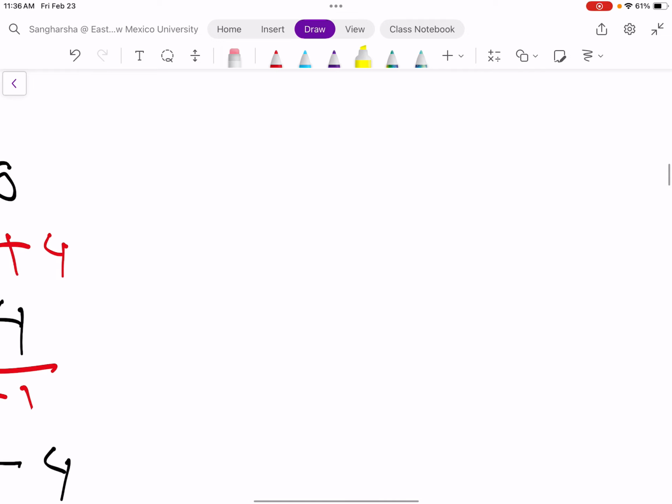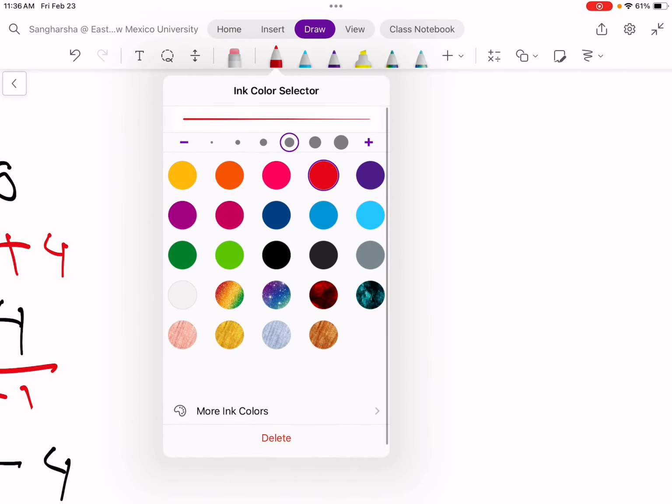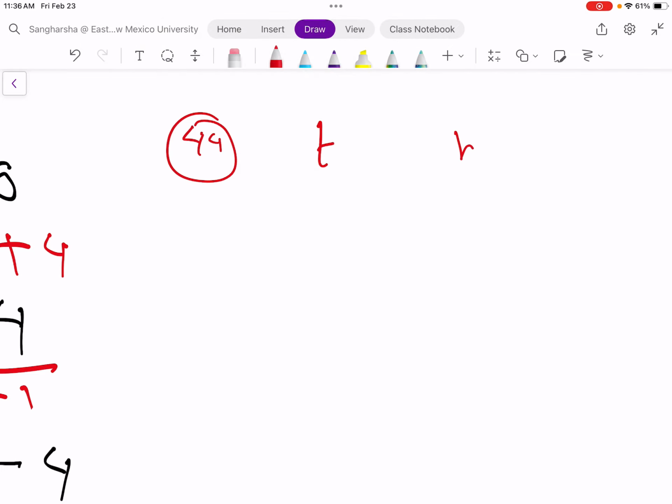Before that, let me do number 44. In 44 we have this table, we have T and H of T. When T is -2, H of T is 4.